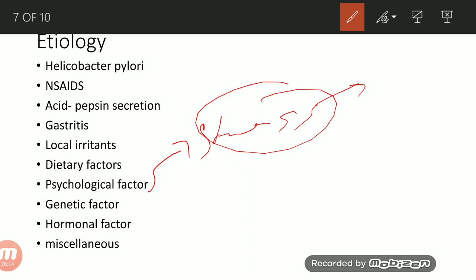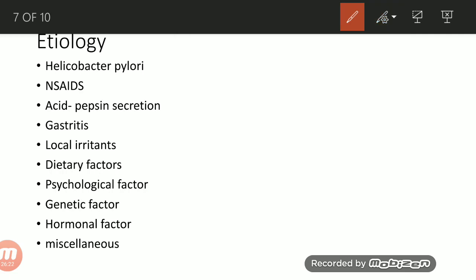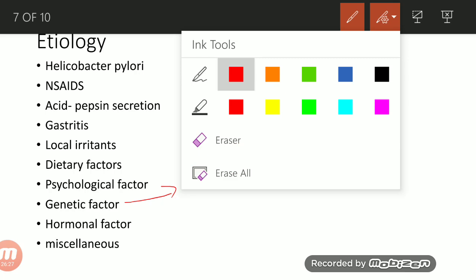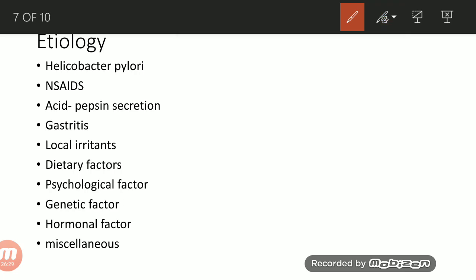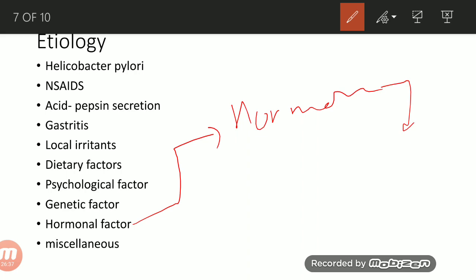Genetic factors, though not very common, can in some cases lead to peptic ulcer. In case of hormonal factors, secretion of some hormones has been shown to lead to peptic ulcer.